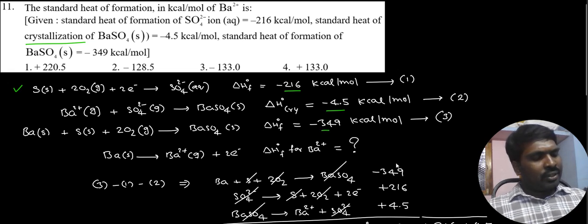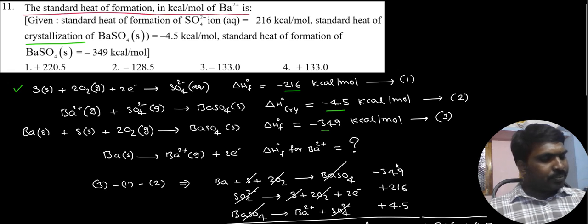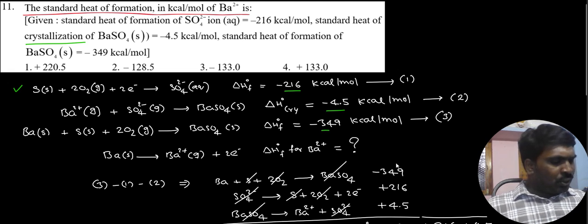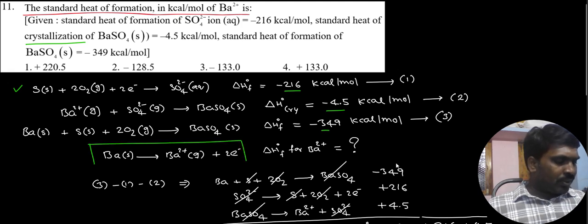But here we need to calculate this part. What is that? The standard heat of formation in kilocalorie per mole of barium 2 plus. This one we need to calculate. So barium 2 plus standard heat of formation means we need to form barium 2 plus from its standard state, means barium solid.